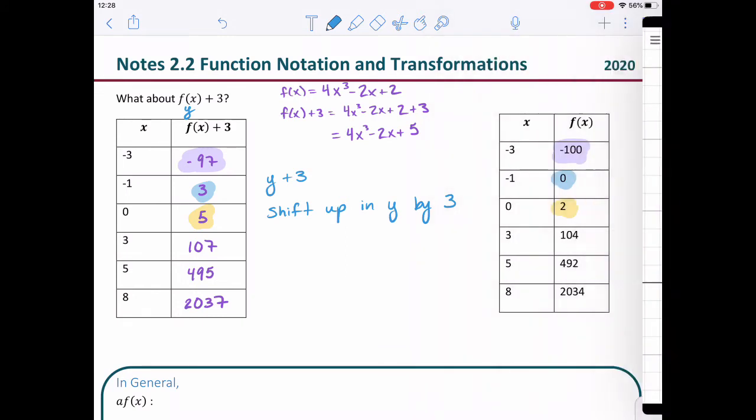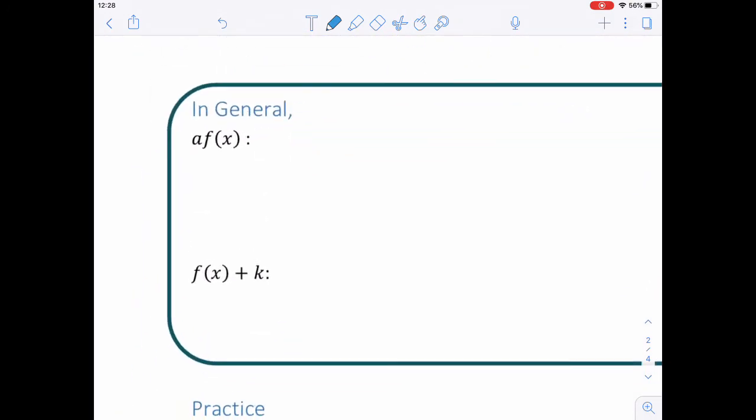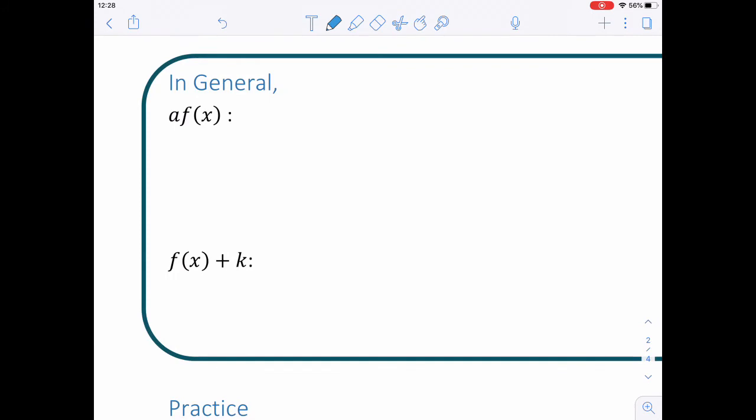And so let's look at, in general, what's happening. So if we multiply our function by a constant, I want you to notice something. This is outside of the parentheses, and what I mean is it's not inside here, right? So we're multiplying the whole function by a value. What this causes is a vertical dilation.